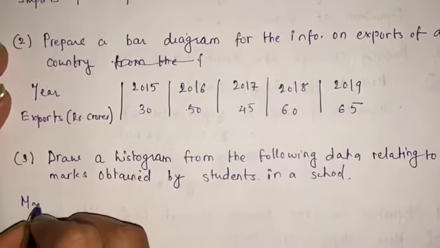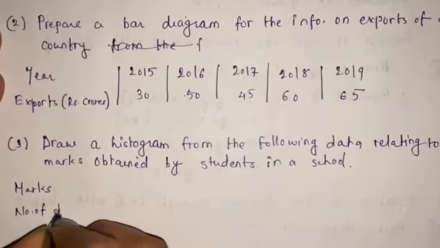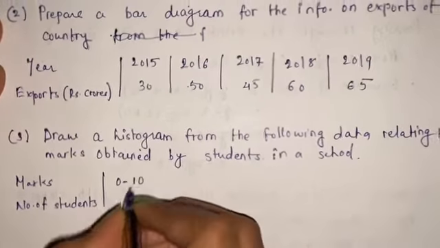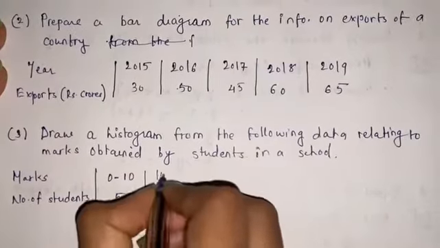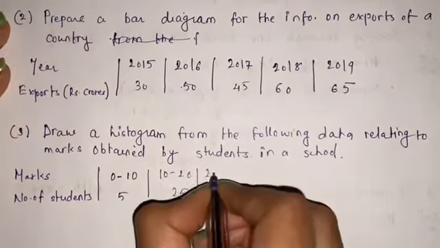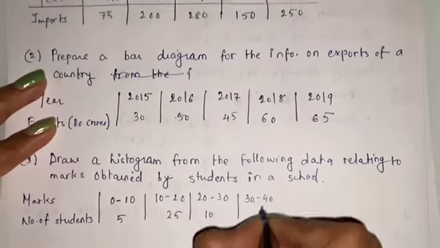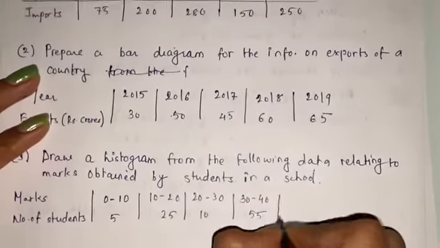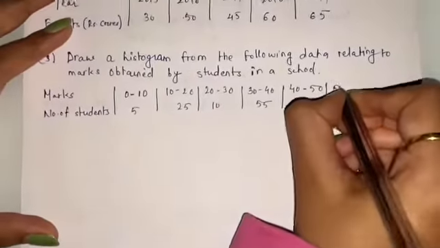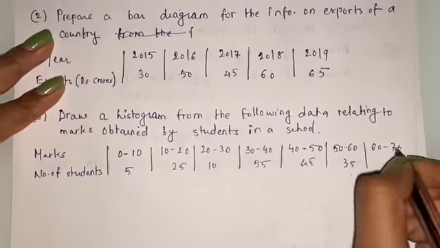So marks and number of students. The classes given are 0 to 10, 5; 10 to 20; 20 to 30, 10. Next there's 40 to 50, 45; 50 to 60, 35; and 60 to 70, 30.